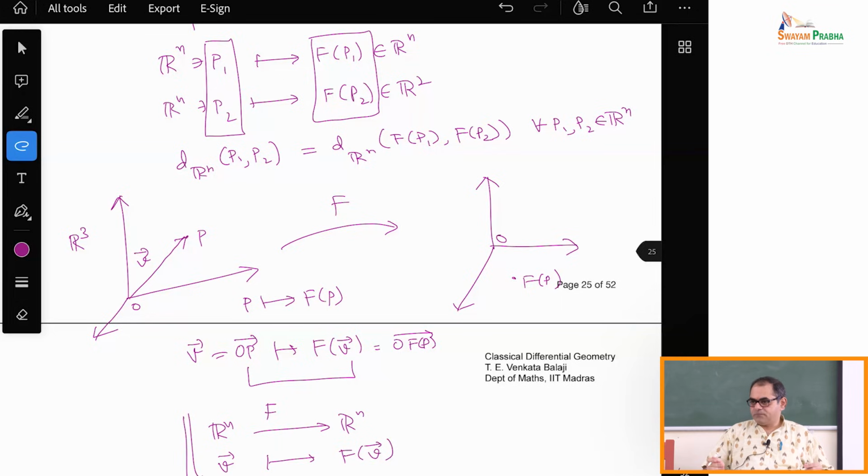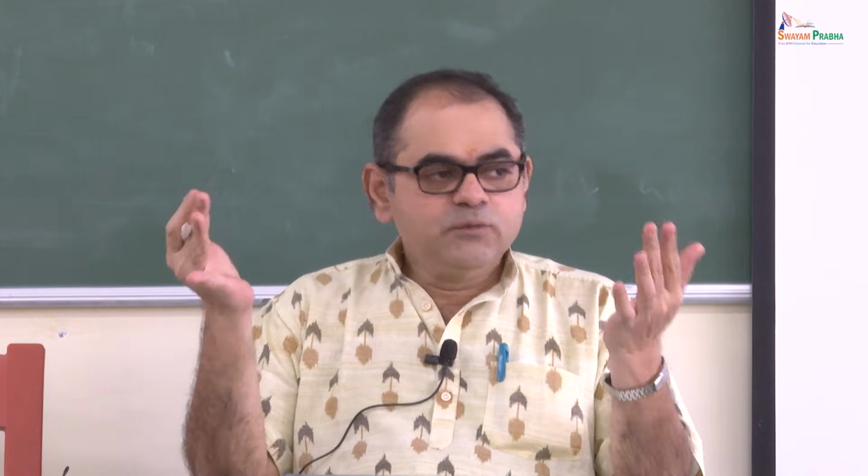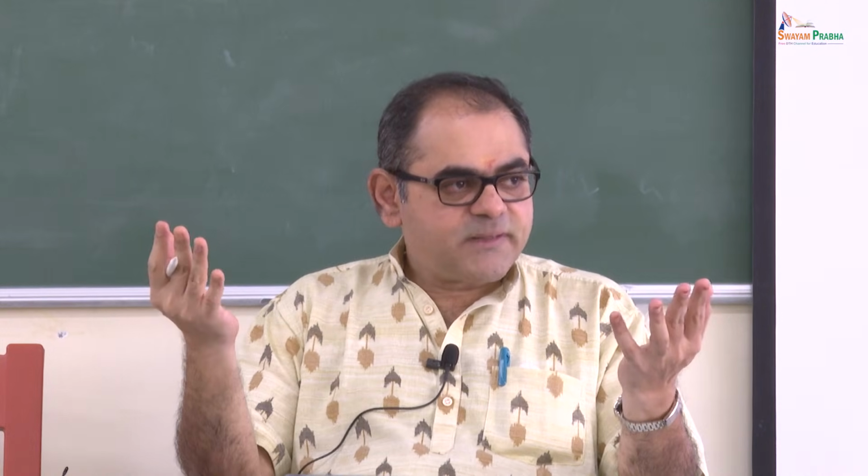They are both the same, but there's one hitch. The hitch is that normally when you start thinking of vectors, Rn is a vector space, because it's an n-dimensional vector space. You can add vectors, you can multiply a vector by a scalar, you have all that. And usually if you have a map between vector spaces, a nice map would be a linear transformation, an R linear map.